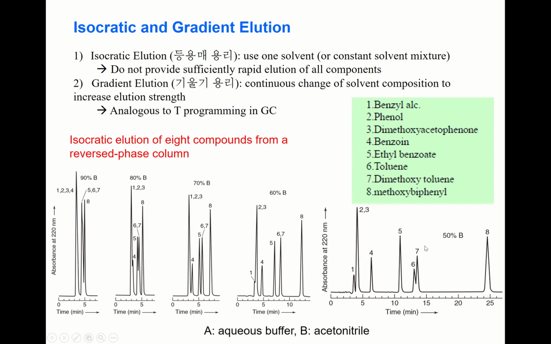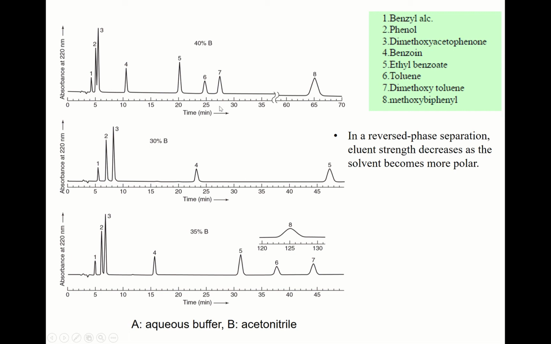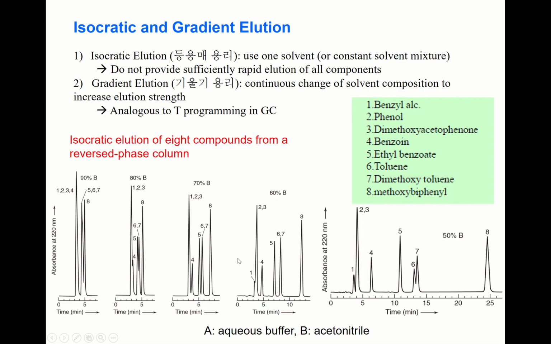Let's consider one by one. Here you will see eight chromatograms, one, two, three, four, five, six, seven, eight, and they are all different. The difference is the solvent.